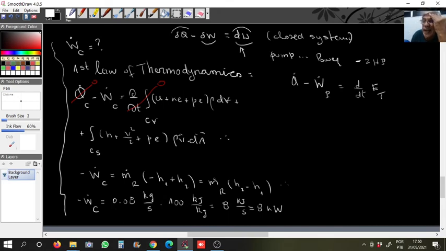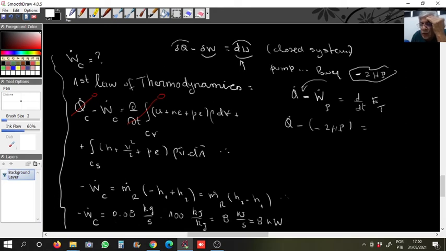So when you get the power of the pump or compressor and plug it into the first law, because there is a minus over here, this has to be minus minus. So this will be Q dot minus 2 HP, for instance, because the variation of energy has to increase, it has to be greater than 0.